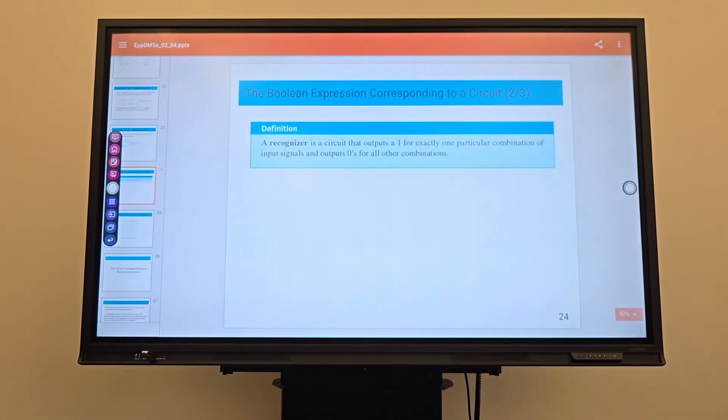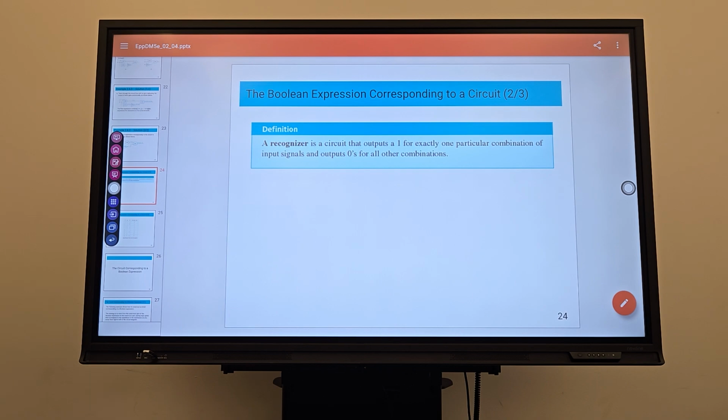Okay. A recognizer is a circuit that outputs a 1 for exactly one particular combination of input signals and zeros for all other combinations. These are very common in computers. You don't see them on the macro scale. You have to get into the micro, the architecture of the actual processor to see the recognizers.